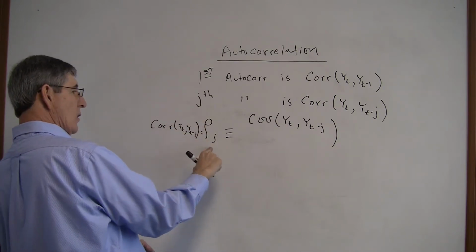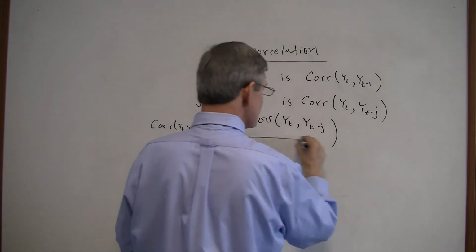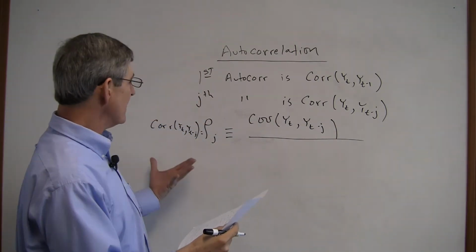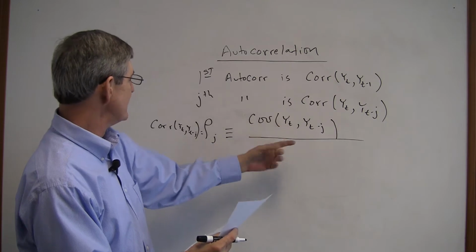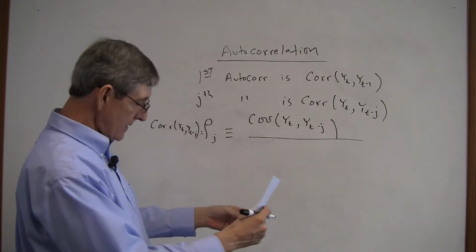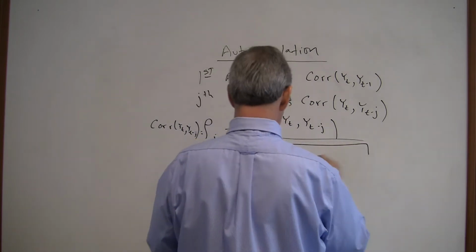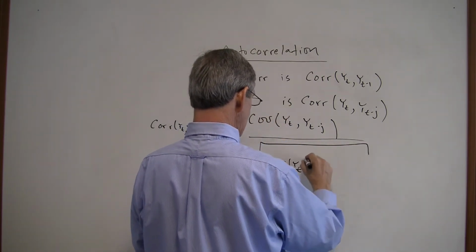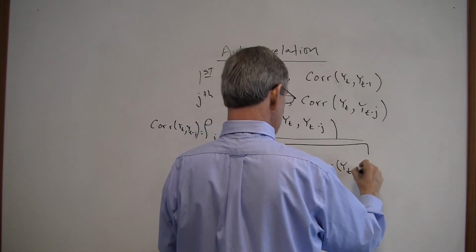We write that correlation as rho j, and it's defined as this covariance over the square root of the variance of yt times the variance of yt minus j.